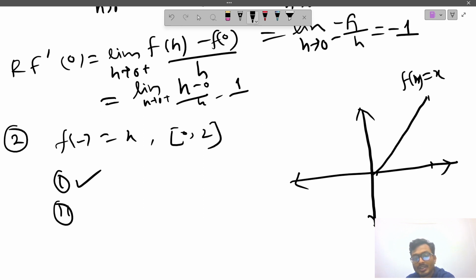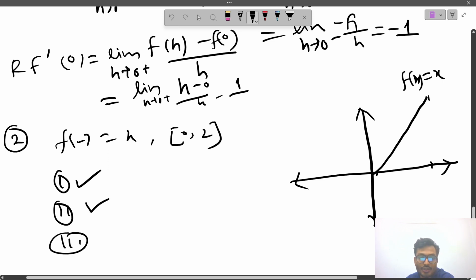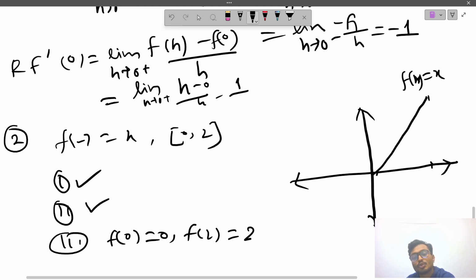Second condition, differentiable on the open interval (a, b), this is also satisfied. Now the third condition: f(0) is 0, but f(2) is 2. So this is not satisfied, and we cannot find some c such that f'(c) is 0 here. So these are the examples where Rolle's theorem is not applicable.